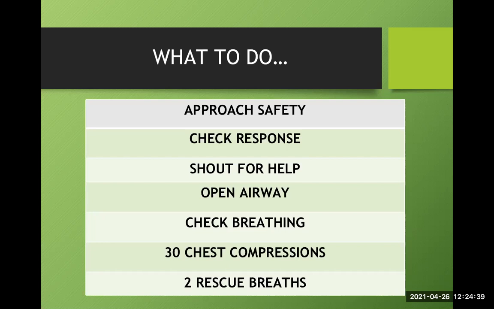We know quickly enough. Check the response from the patient, shout for help, open airway, check breathing, 30 chest compressions, and 2 rescue breaths. This is done by one resuscitator. If 2 resuscitators are there, then we can go 15 chest compressions and 2 breaths as well.